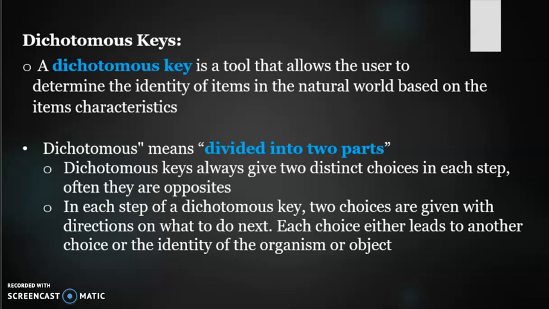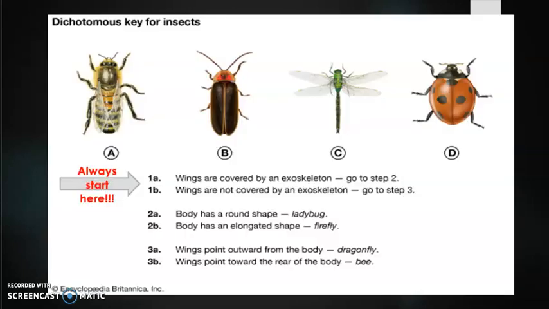So you're going to be given 2 distinct choices at each step. Oftentimes they're going to be opposites, and it's going to work kind of like a choose-your-own-adventure book where you're picking the statement that you choose, and from there it's going to lead either to another choice or to the name that helps you identify the organism or object. So we're going to do some of those together just to practice.